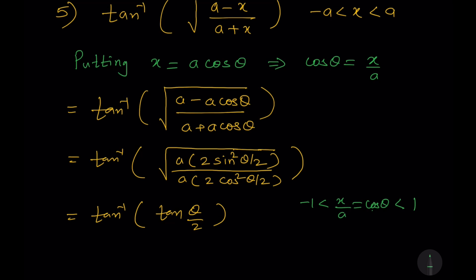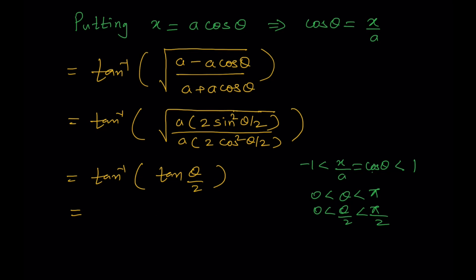So theta lies between 0 and pi, that means theta by 2 will lie between what? 0 less than theta less than pi, that means 0 less than theta by 2 less than pi by 2. So theta by 2 is in the first quadrant. That's why we can consider tan theta by 2 directly. So tan inverse of tan theta by 2 is equal to theta upon 2.